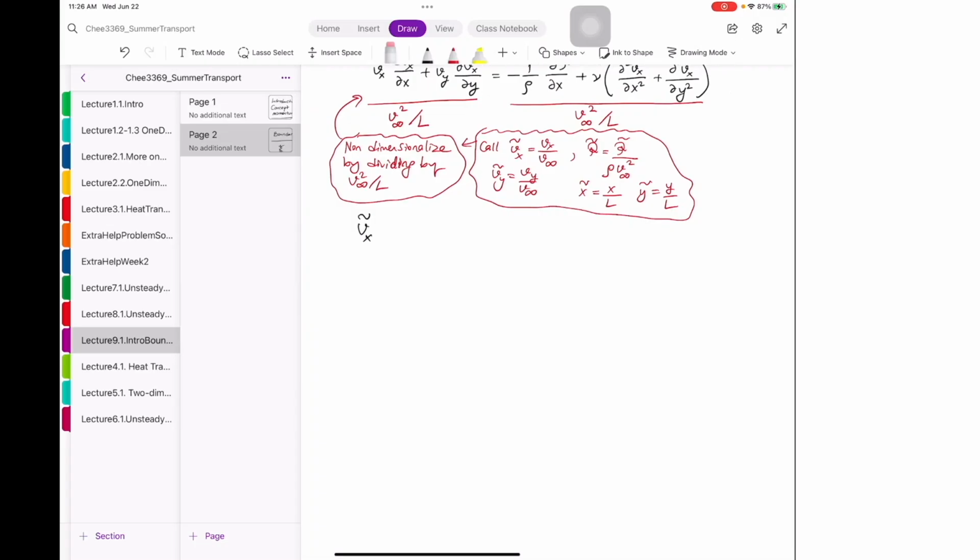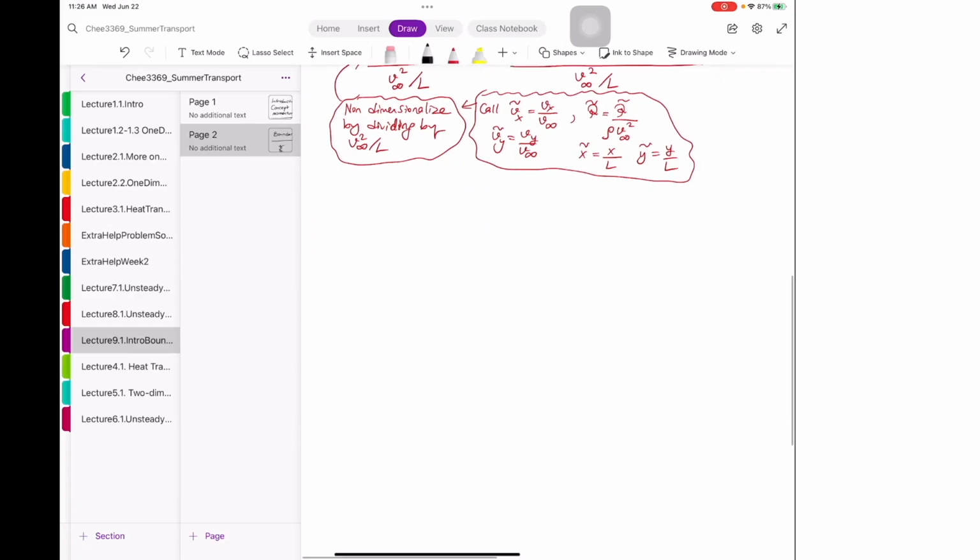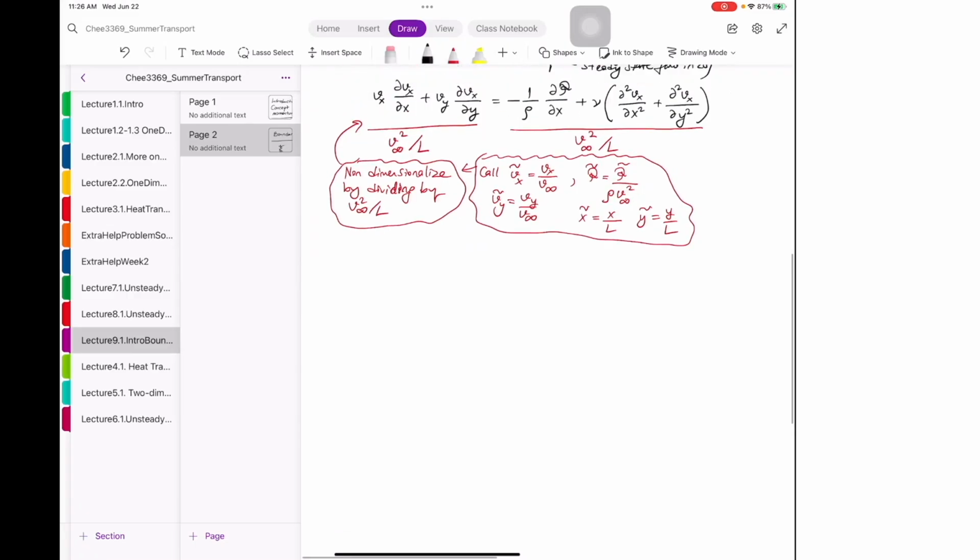So your equation becomes Vx tilde del Vx tilde over del x tilde, right?